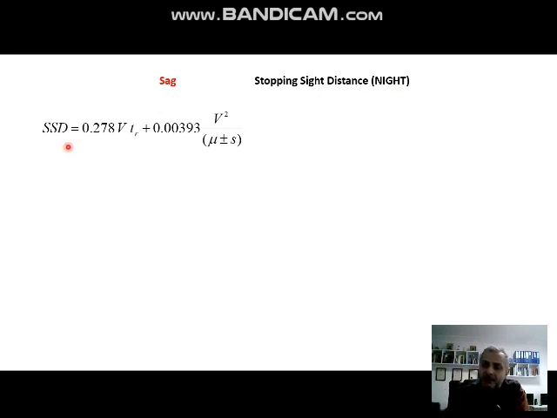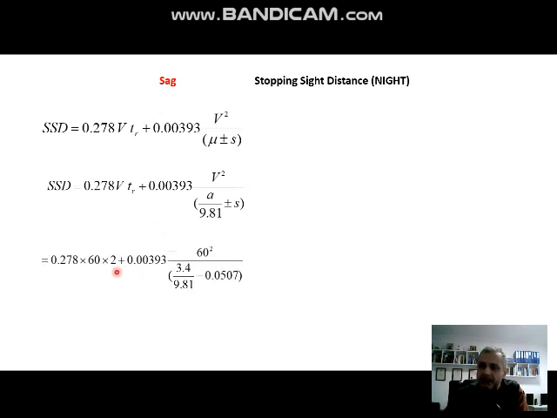The stopping sight distance is this formula that we have been using in many different places. Putting the values from my project, TR is going to be 2 seconds. The design speed is 60, and 3.4 is given in AASHTO standards, divided by the gravitational pull minus the worst case scenario, which is 0.05, my 5% slope. Remember this.